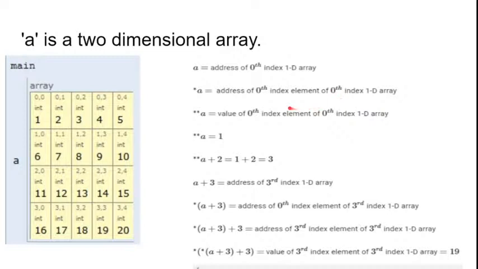Double star a means the value of the 0th index element of the 0th index one-dimensional array. So here double star a indicates the value 1, this one.